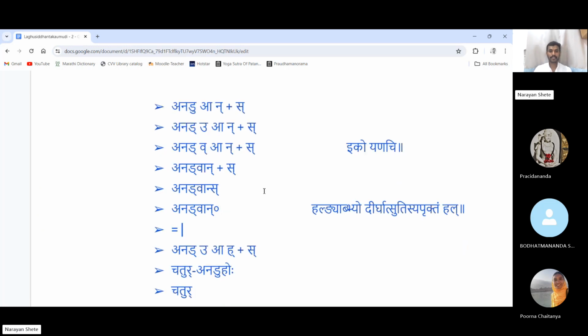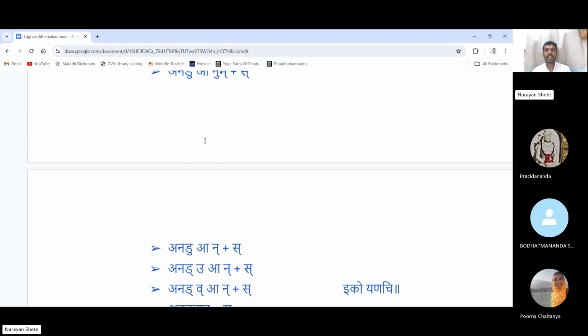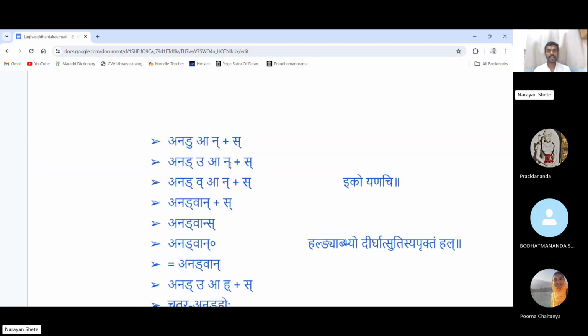And the form is ready. Anadvan. So anadvan is possible if we take this am agama as well as num agama in the order. So we will take first am and then num. So if both agamas are taken, then the anadvan form is siddha.